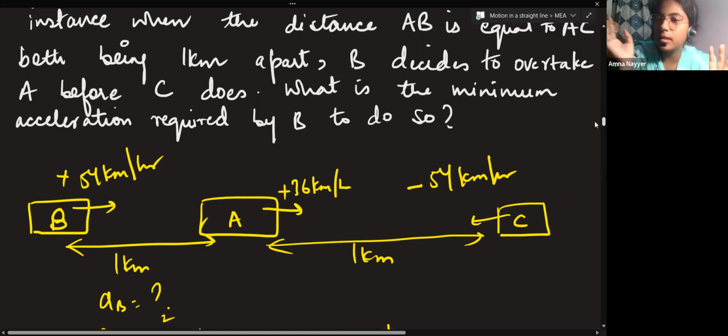You can choose anything. Whatever answer you get, that will determine which direction according to you. As I've told you a lot of times, you can choose the direction, the sign convention, as per your choice. Upwards you wish to take, you can take it positive, negative, whatever is your wish. Ultimate answer will be the same. Even in your objective exams, for example, let's say the value that I am getting is minus 36, and the value that someone else, let's say Fatima, is getting is plus 36.